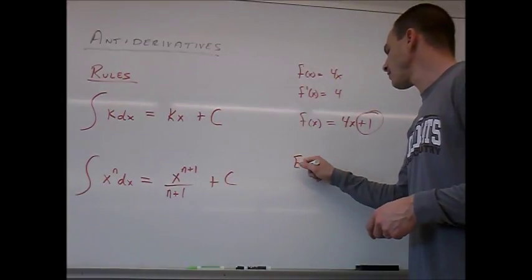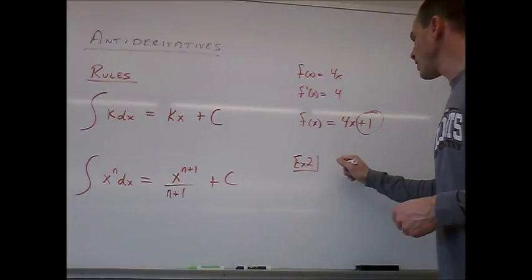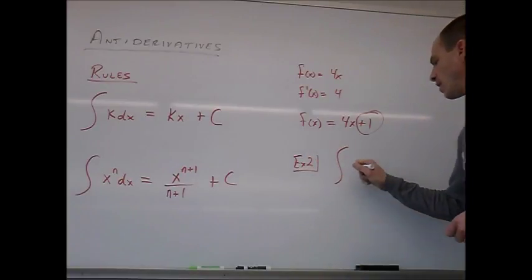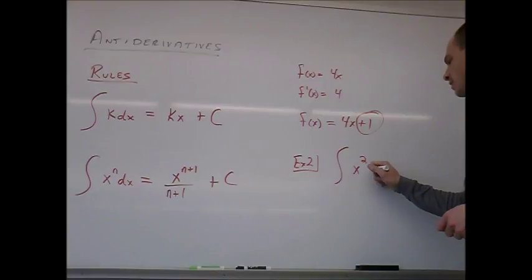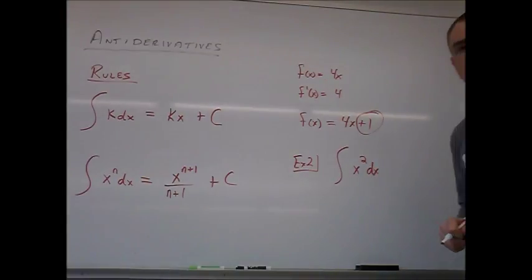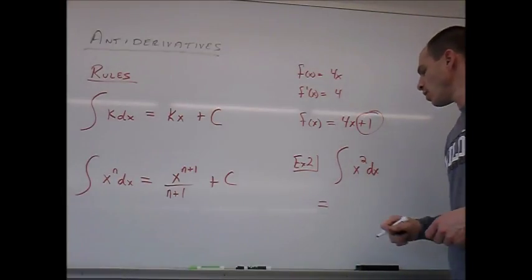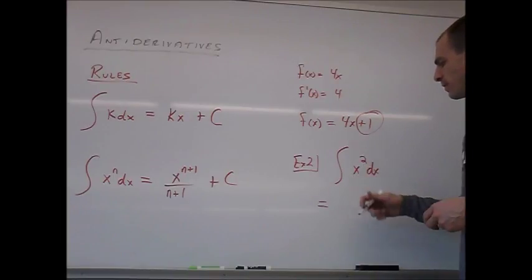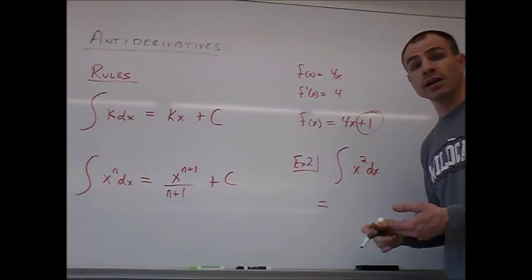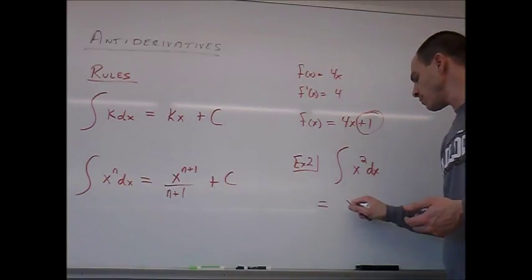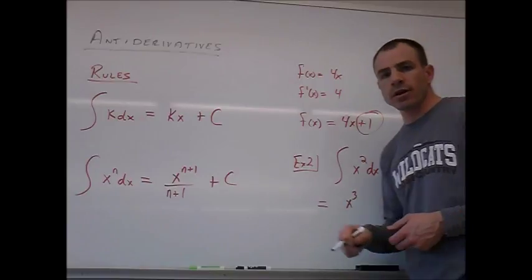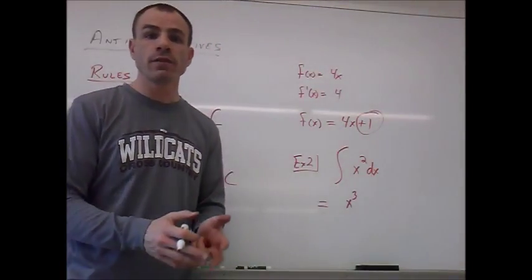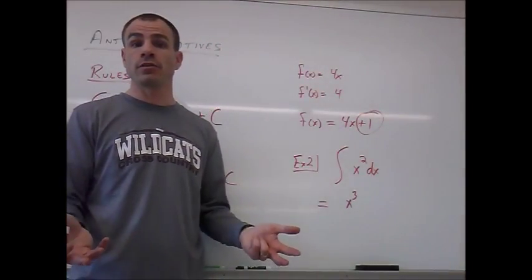Let's say that we have, it's example 2, the antiderivative of x squared dx. Okay, we want to do the antiderivative. So we know that if we were doing the antiderivative, we're going to add 1 to the exponent. So that means that we're going to make it x to the third. Okay? Now, if we just took the derivative of x to the third, what would our answer be?